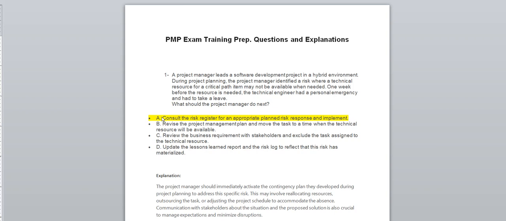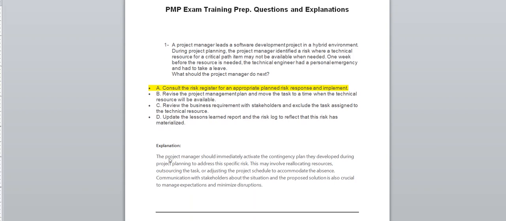So I would go with A: consult the risk register for the appropriate planned risk response and implement. And this is the explanation. The project manager should immediately activate the contingency plan they developed during project planning to address the specific risk.